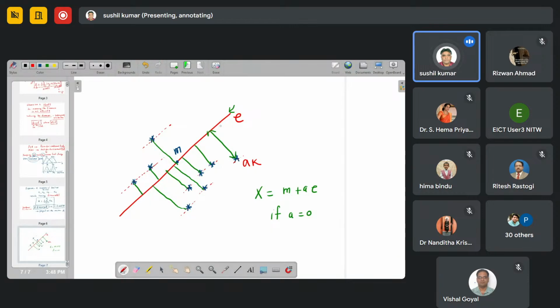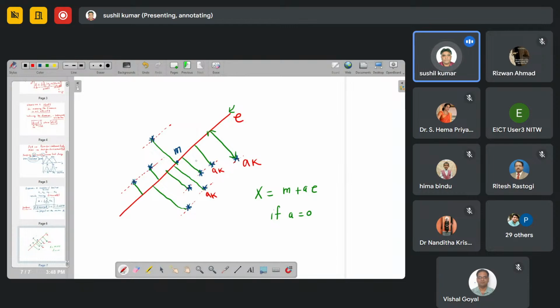But if any feature is not on the same line, then you will represent it with a of k. So if a is not equal to 0, then we are moving across the line in the direction of e only.